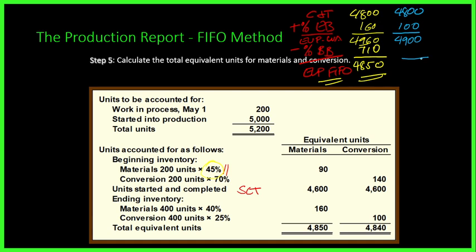Or sana magkamali ako para hanapin nyo kung saan ako nagkamali. And then minus the percentage of completion for the beginning, that's 30% times 200. 30% times 200, magkano po yun? Is that 60? Okay, so minus yan. 4,900 minus 60, you will get 4,840. Ayun, siya pala yun.